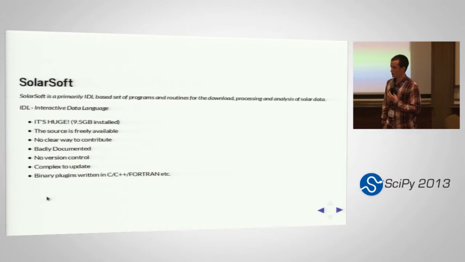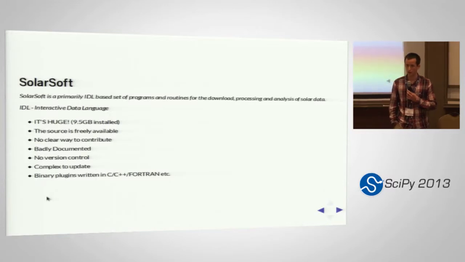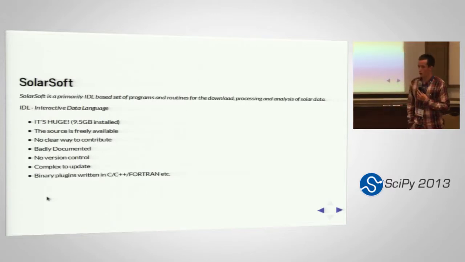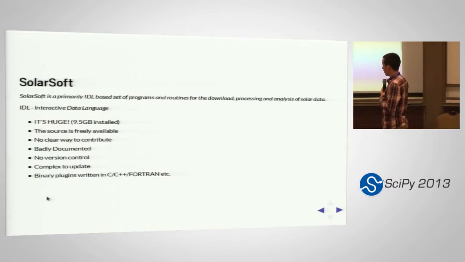The limit of the documentation is generally docstrings at the top of functions, and that's also the limit of their version control, where every time someone modifies a piece of code, they append their name and what they've changed to the end of the docstring. If they remember, presumably. All the install and update is done using some Perl scripts, which may or may not work depending on what your institution's firewall settings are like.